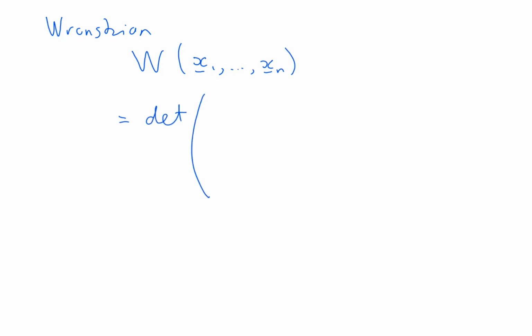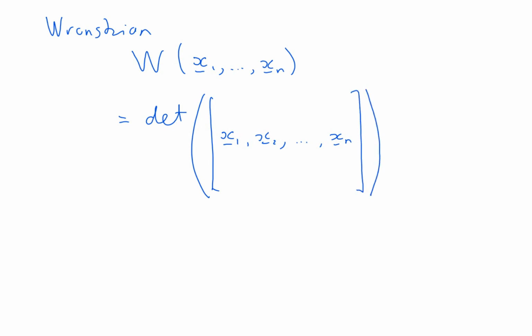So the Wronskian, let's call it W. It's a function of n vectors. It is a determinant of a bigger matrix. What you do is you take those n vectors and you stack them together and put them in as the columns of that matrix.